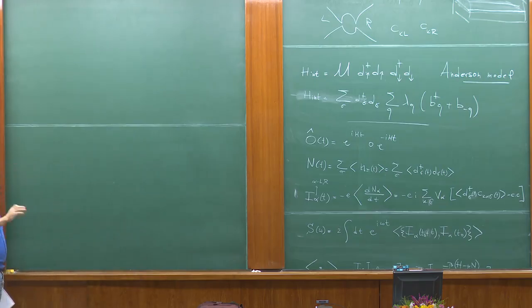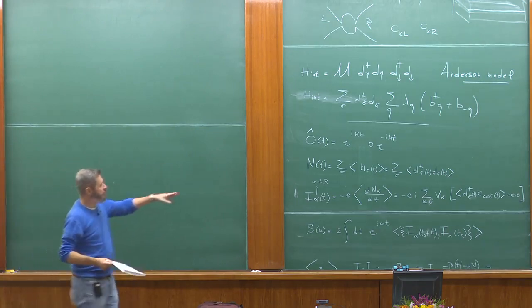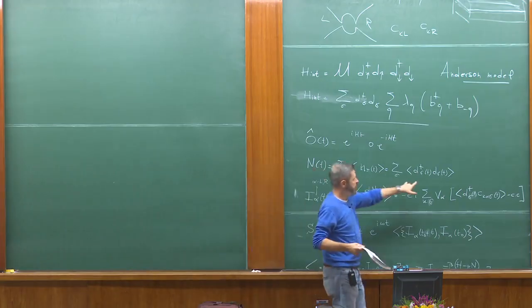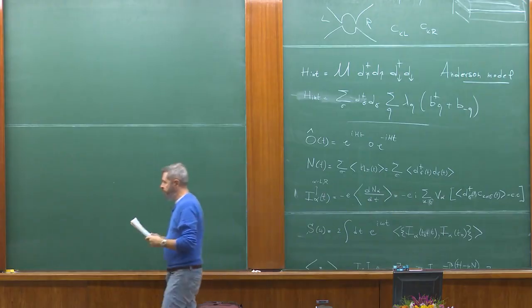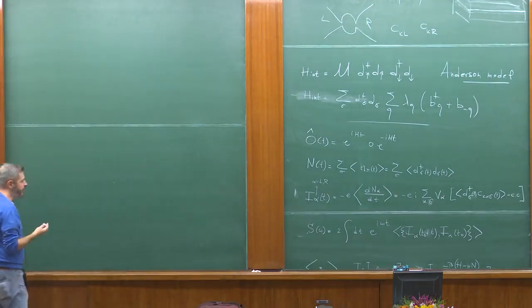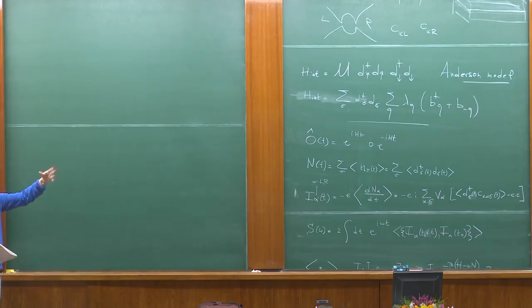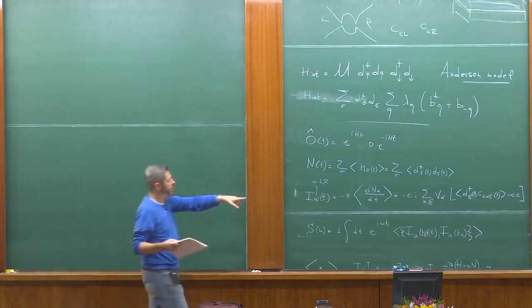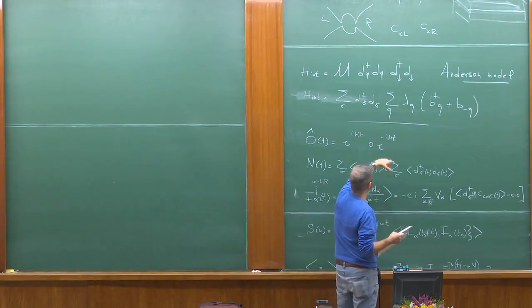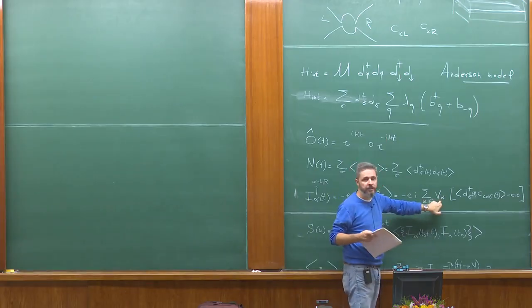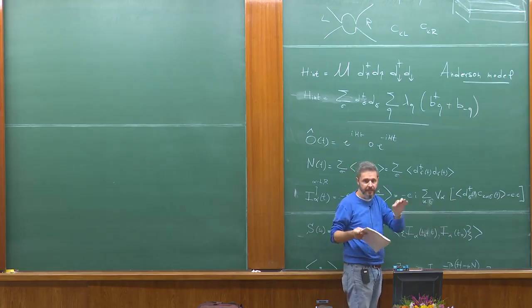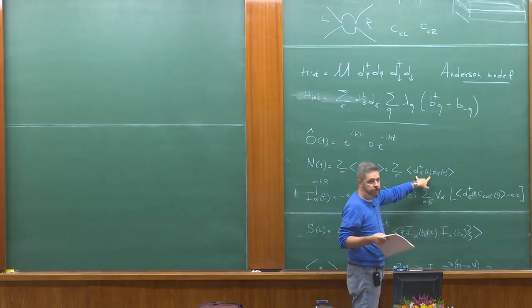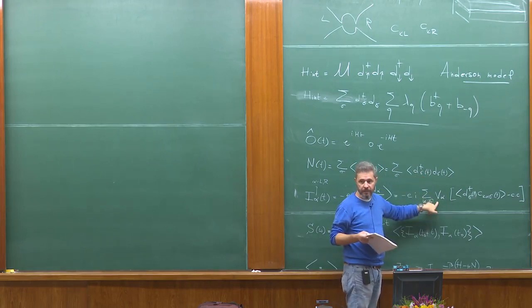Typically, and here I'm jumping forward, when you want to compute averages of operators, one of the greatest achievements of physicists who came well before us was to understand that to do a perturbation theory, imagine you want to compute this in a perturbation theory, what is the small parameter? Let's say in V. I use this as small parameter, why not? It could be a small parameter, the tunneling. And I want to compute this perturbatively in V.